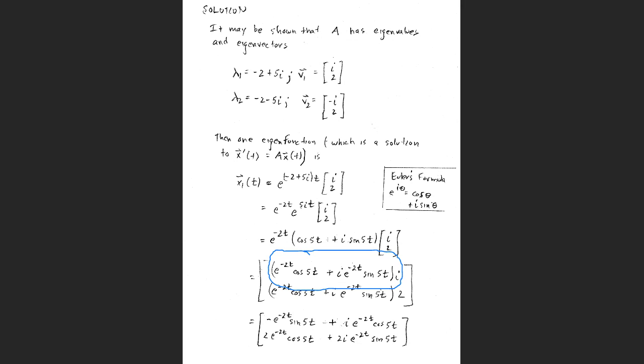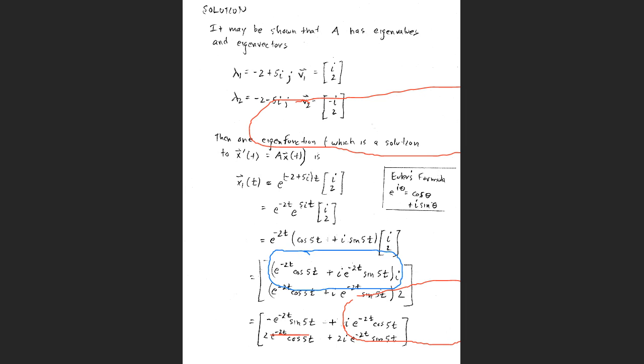So one eigenfunction would also be a solution. And what I do is I focus on the first eigenvalue and the corresponding eigenfunction, corresponding eigenvector. And I write down that eigenfunction right here.